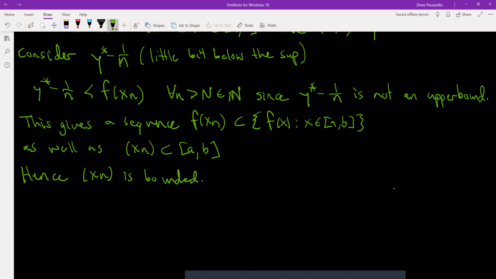And so by the Bolzano-Weierstrass theorem, there's a convergent subsequence. So let's say there exists a subsequence x_{n_k} of xn, which converges.